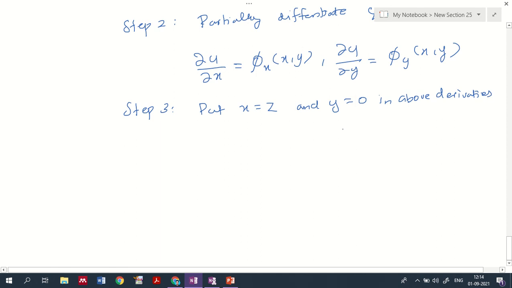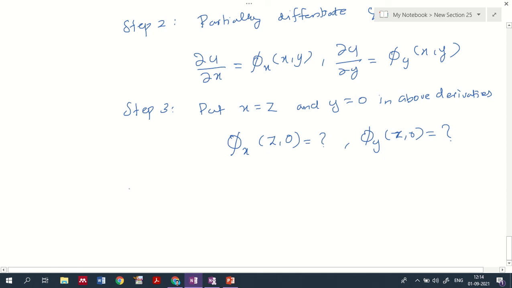If you do that, you will get phi_x(z, 0), because where x is equal to z and y is equal to 0, you will correspondingly get a function, and similarly you will get phi_y(z, 0) as a function.